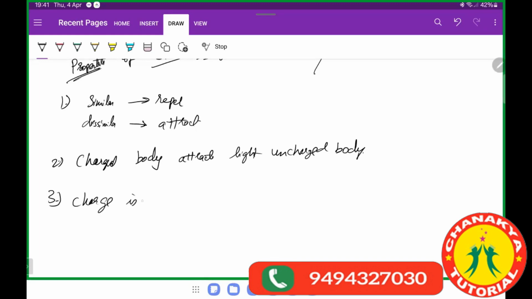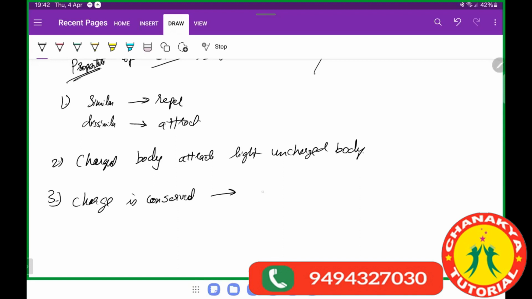Charge is conserved. Conservation of charge means, do you remember conservation of mass, conservation of energy, conservation of momentum? It can't be created nor destroyed. It can only be transferred from one body to another. Exactly, that's what.